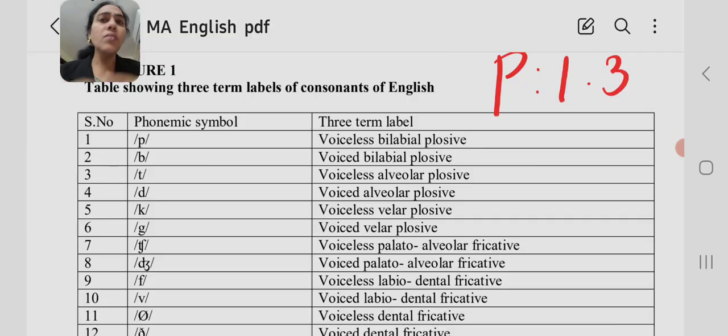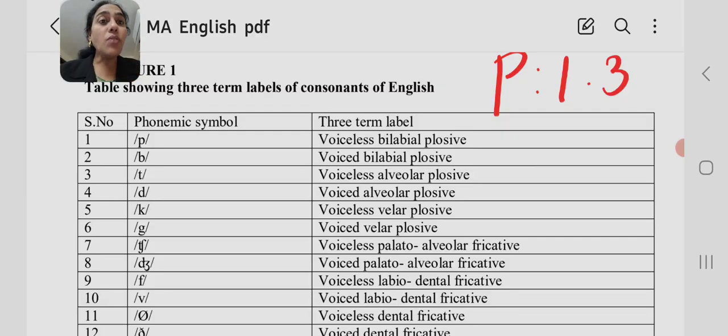How did we say that? Look at the symbol. We have seen the example of consonant Z right now, and a couple of these we will see right now. P. The phonemic symbol is a slash, a p, and a slash.